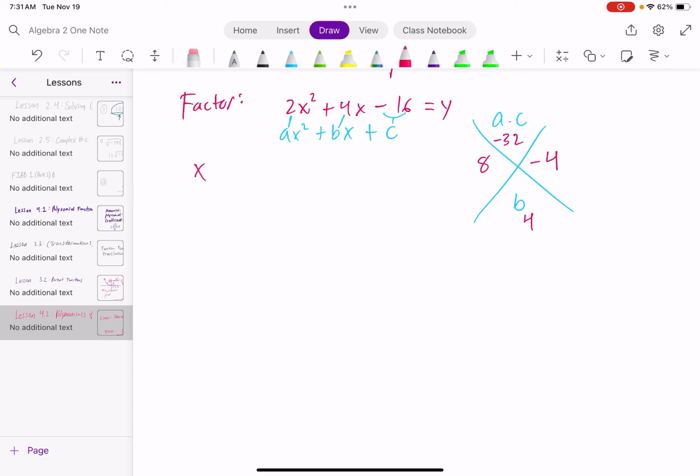So you have 2x squared, and I'm going to break up my 4x into 8x minus 4x, that gives me my 4x. And then minus 16. And now I'm going to write this in a way that's better for me.